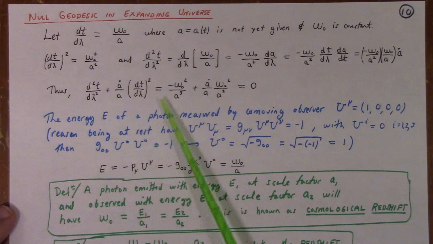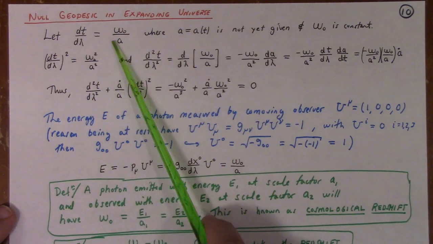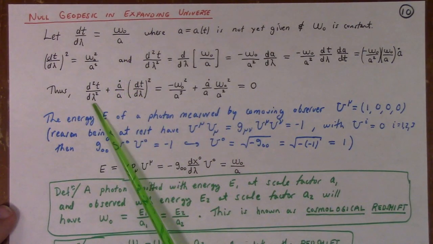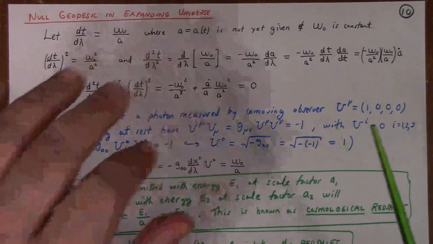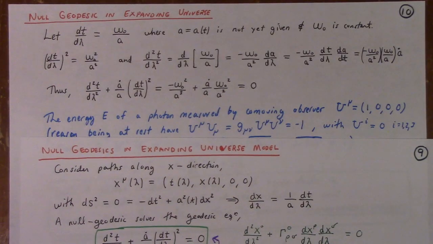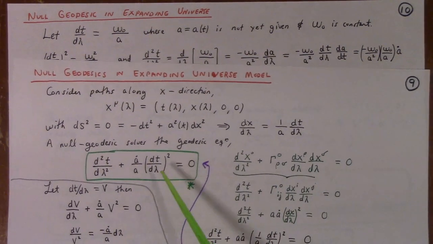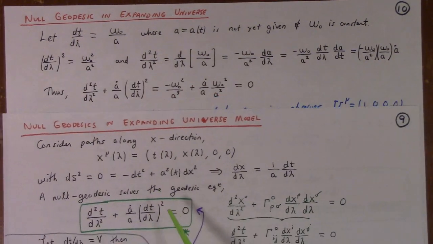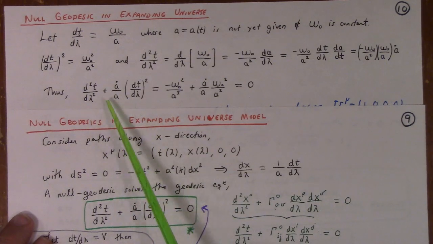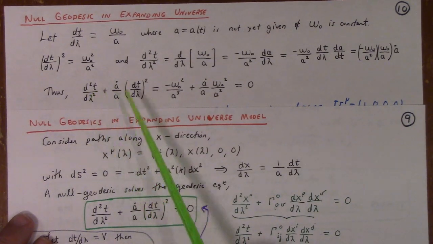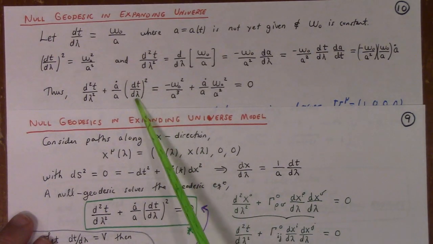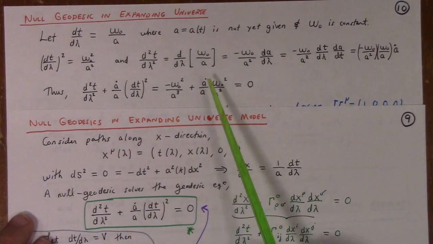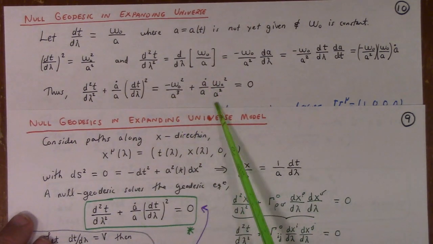So then I plug all that into the geodesic equation we're trying to solve right here, just plugging it in and seeing if it works. The acceleration term is minus ω₀² ȧ over a³. The square of dt/dλ is ω₀² over a² times this, which gives me a net denominator of a³ on both sides.